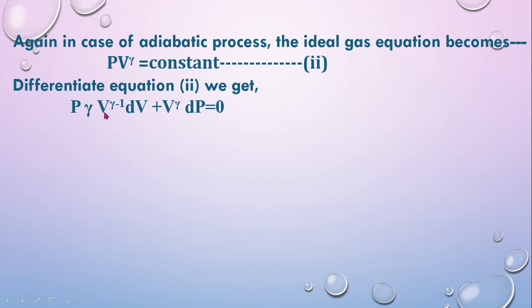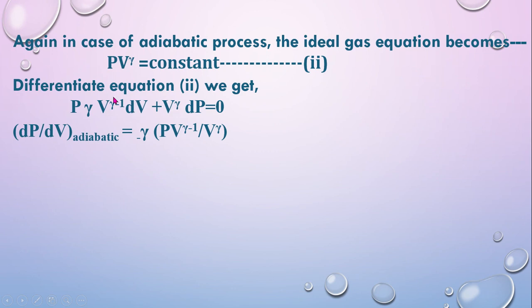So Pγ V^(γ-1) dV + V^γ dP = 0. So from here we can write dP/dV = -γ P V^(γ-1) / V^γ.